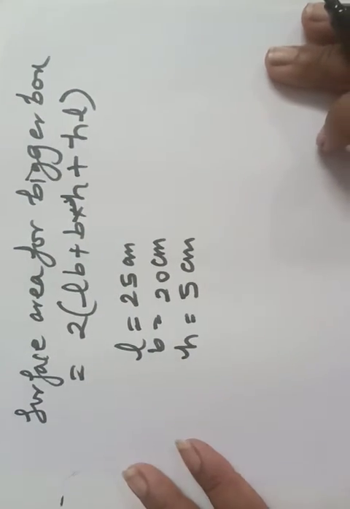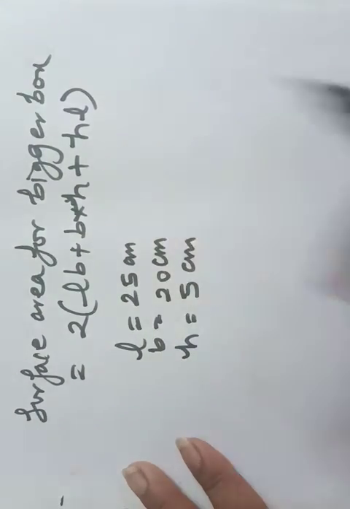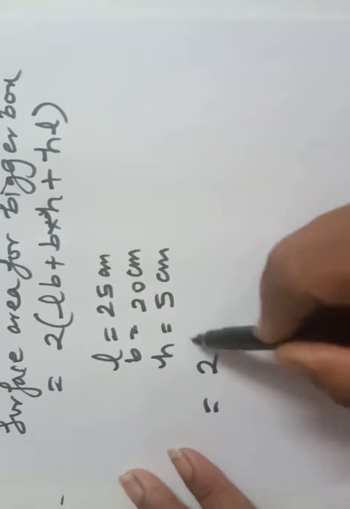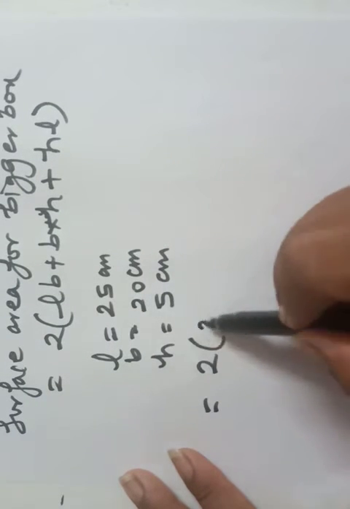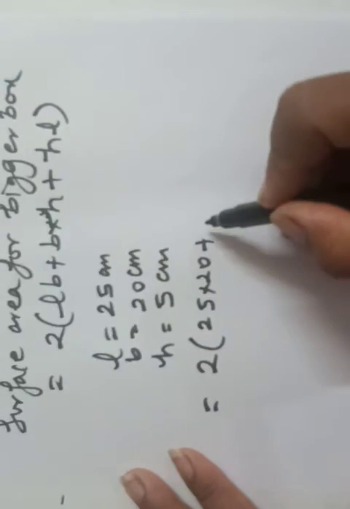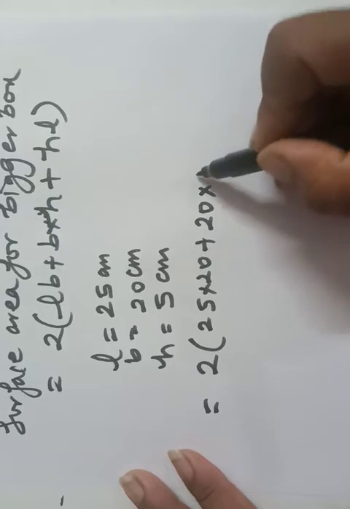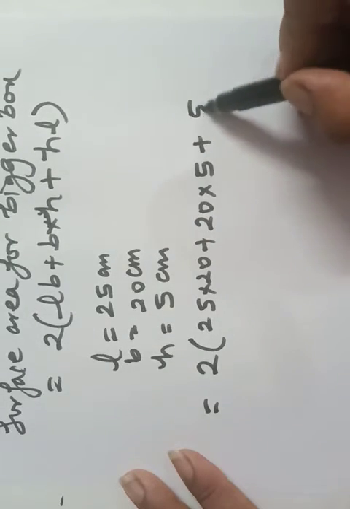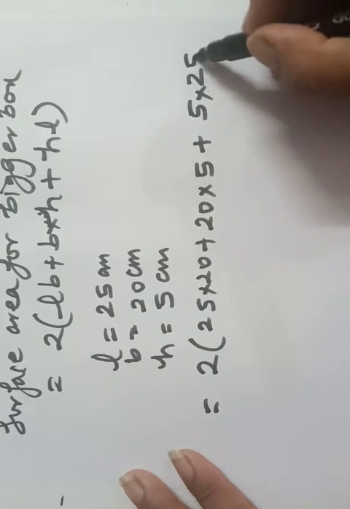So we put these values in the formula. That is equal to twice of L into B, that is 25 into 20, plus B into H, that is 20 into 5, plus H into L, that is 5 into 25.